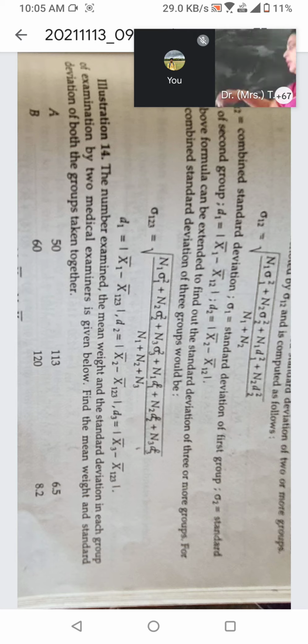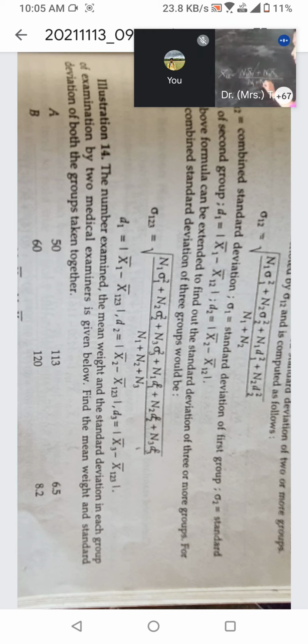Very good. So this is what we would do. You will write it as n1 mean 1 plus n2 mean 2 divided by n1 plus n2.